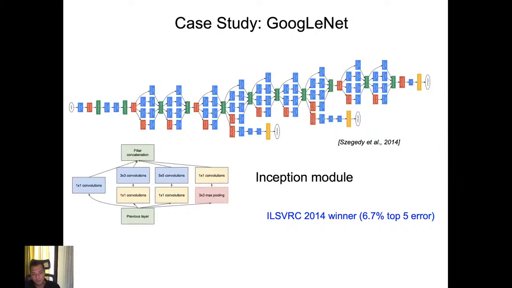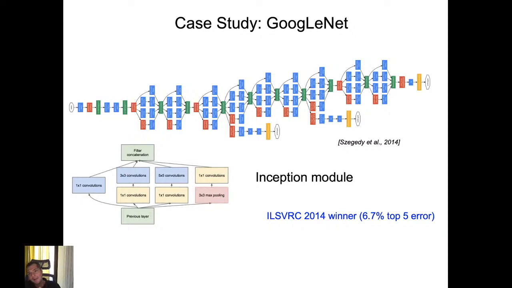So now going on to a different architecture, GoogleNet. The main idea in deep learning is to try to do end-to-end learning, so just to learn parameters instead of trying to fix them. GoogleNet is the winner of the ImageNet 2014 competition.